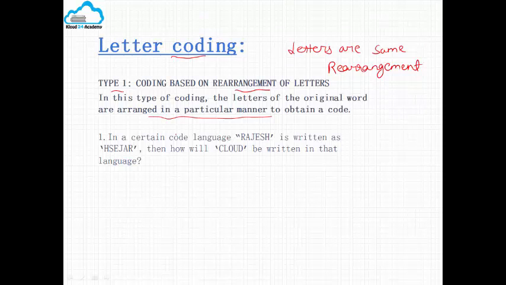Let's look at this question. In a certain code language, Rajesh is written as HSEJAR. Then how will cloud be written in that language? HSEJAR is nothing but Rajesh written in reverse.